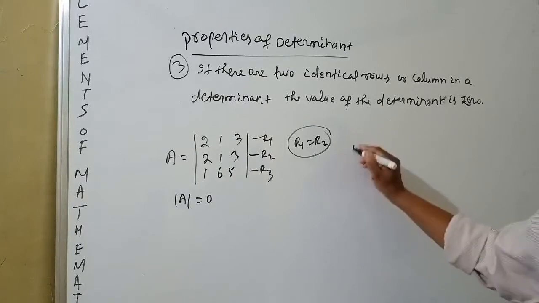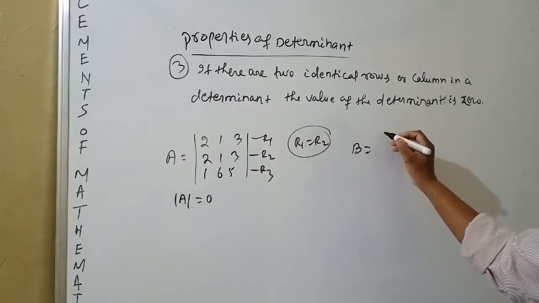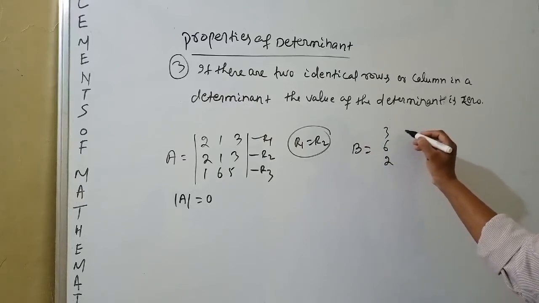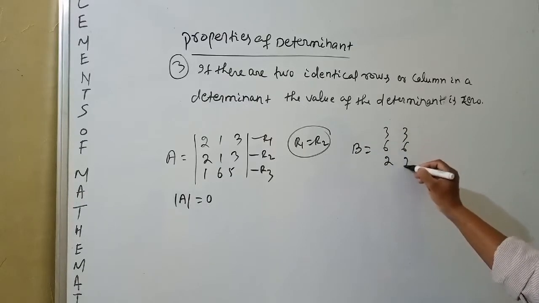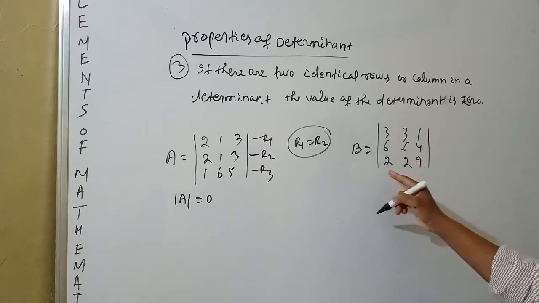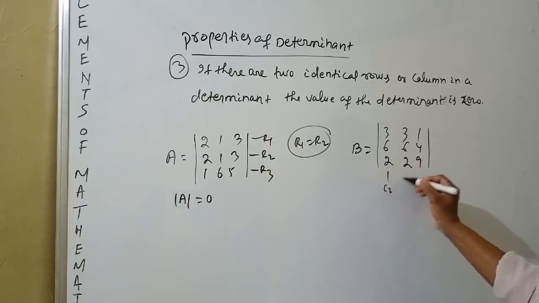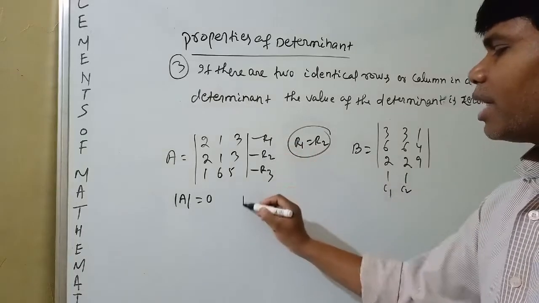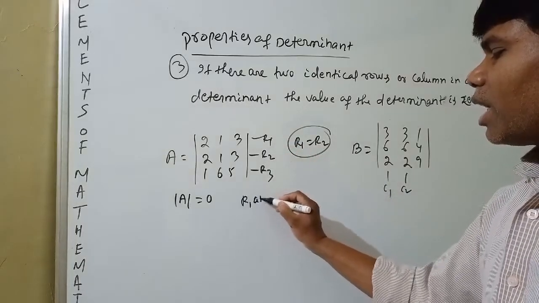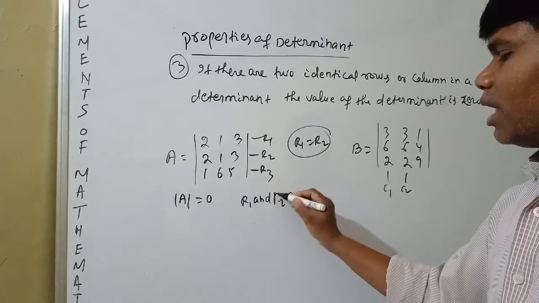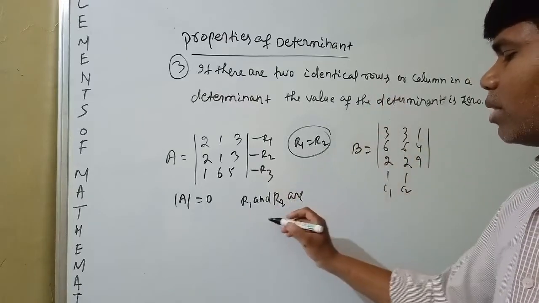Otherwise, suppose B is equal to 3 6 2, 3 6 2, 1 4 9. Here you see R1 and R2 are identical. Identical means same to same.